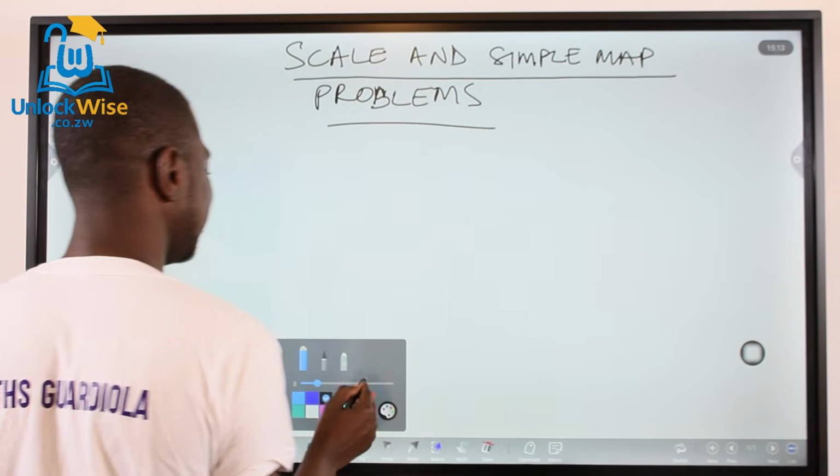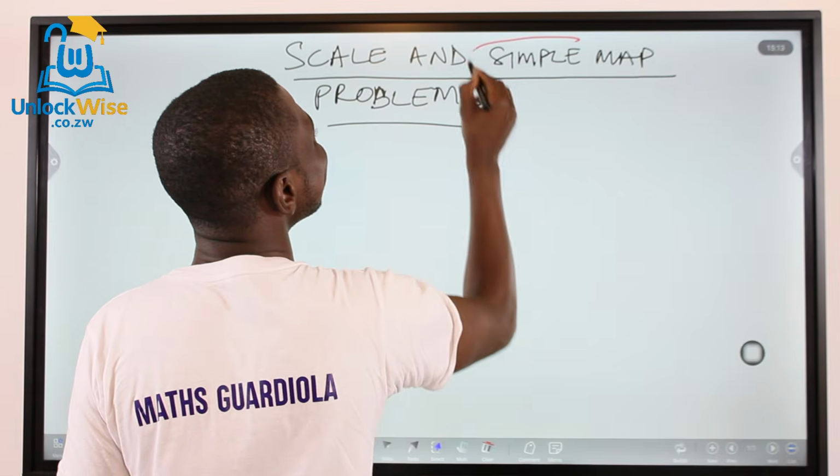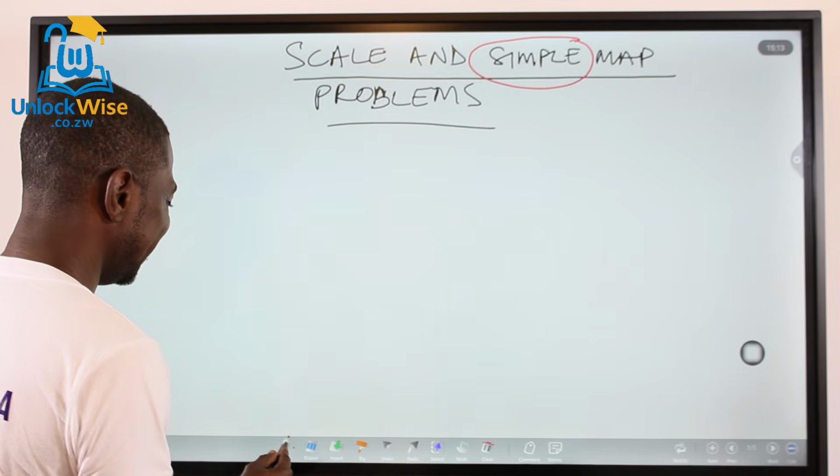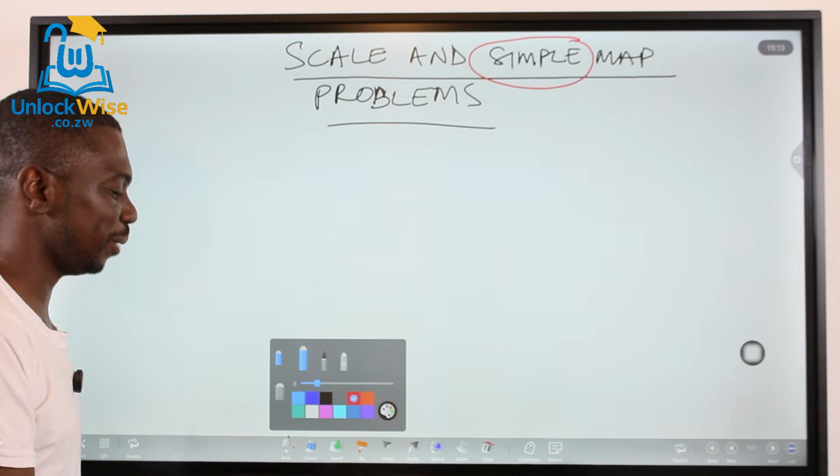Now, I love this word, right? It's just scale and some simple math problems, right?